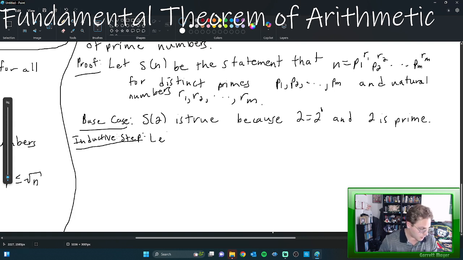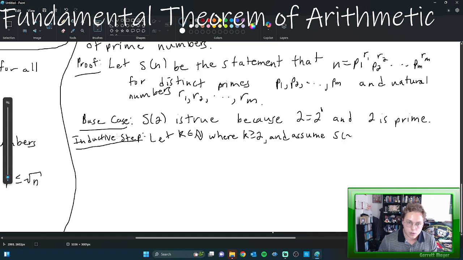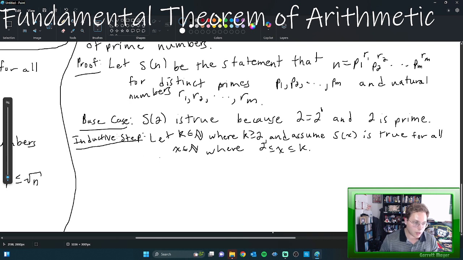So we're going to let k be a natural number where k is greater than or equal to 2, and assume S of x is true for all x naturals where 2 is less than or equal to x, less than or equal to k. Okay, so for the next step, then we're going to proceed similar to before. K plus 1 is either prime or composite.